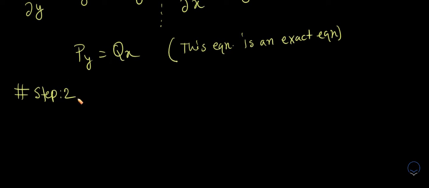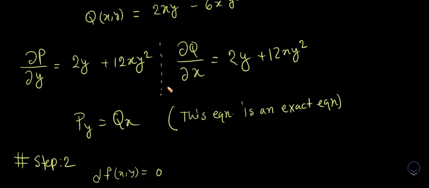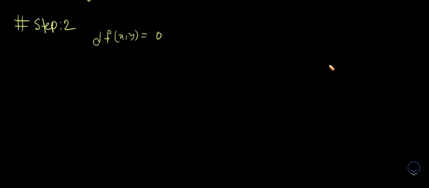So now step 2. If you recall from your theory lectures, if you have an exact equation, you can always find a function f(x,y) whose differential df is 0, just like the equation itself. And if you expand it in terms of the partial derivatives, you would have something like this: f_x dx plus f_y dy, right?